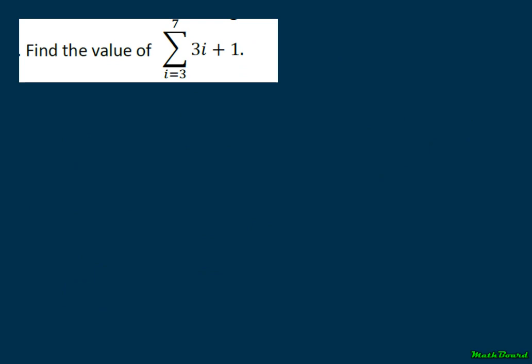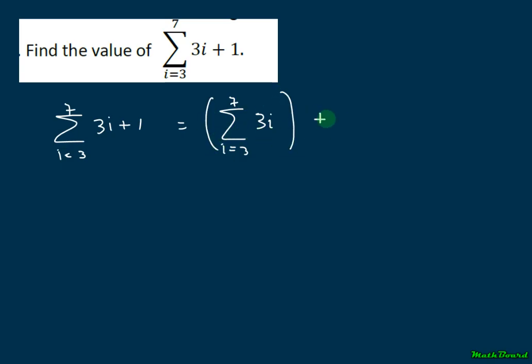Find the value of the summation of 3i plus 1 from 3 to 7. So, do not be confused on this one. The summation of 3i plus 1 from 3 to 7 means that we just need to get the summation of 3i from 3 to 7. Then, we add 1 to the result because there is no parenthesis in 3i plus 1.